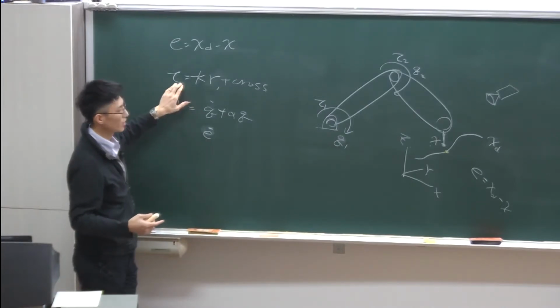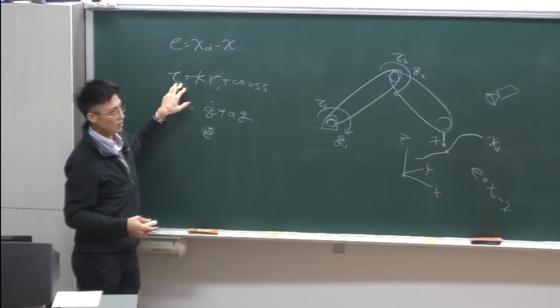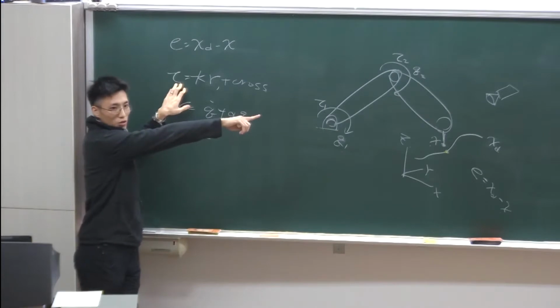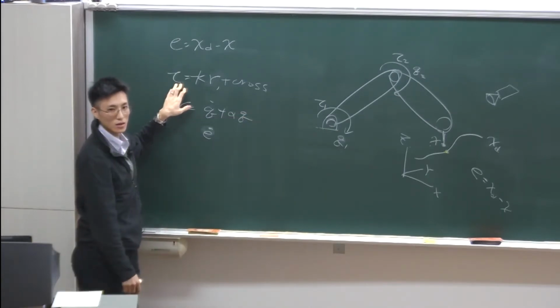Because you are controlling the acceleration, it's better to have both position and velocity error. But what your sensor can measure is the position error, not the velocity error, right?